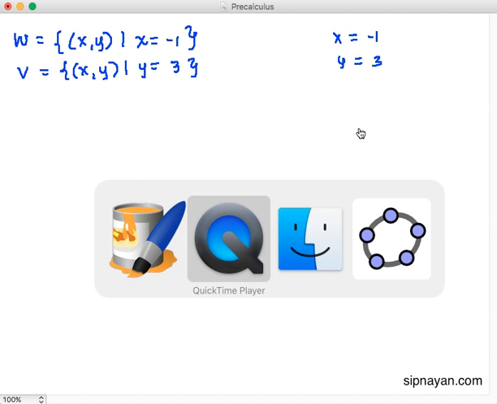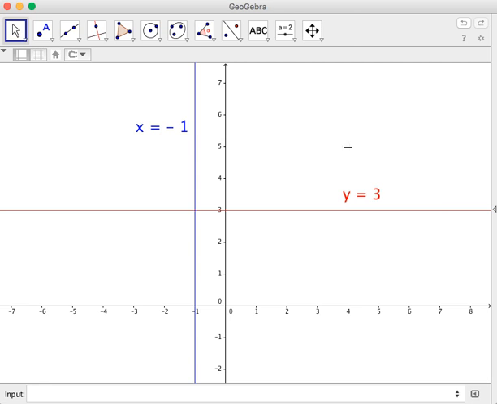Now, let's look at the graph of x equals -1 and y equals 3. Here, for x equals -1, we can see it's a vertical line whose value is x equals -1. This is our x-axis, and this is -1, so all the points with x equal to -1 lie on that line. For example, this is (-1, 6), this is (-1, 5), this is (-1, -2).